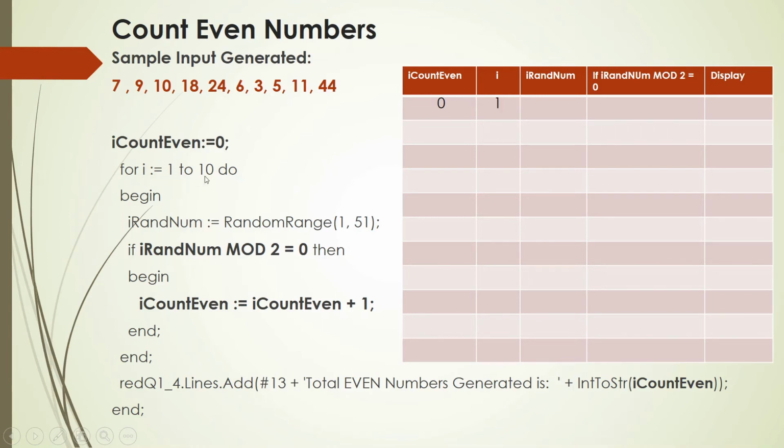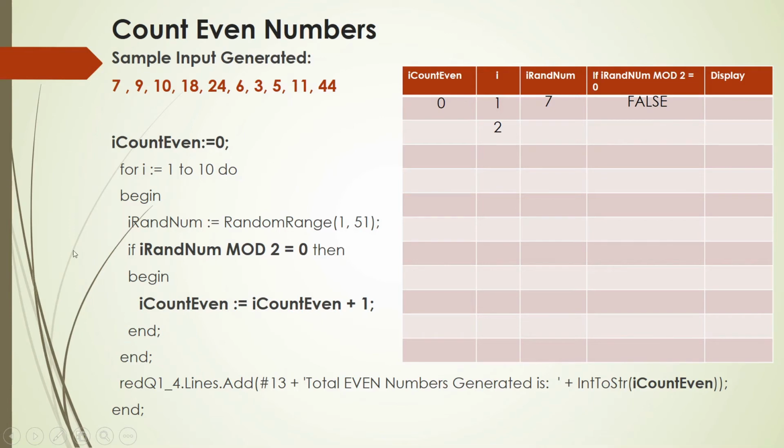I test my condition, that's true. I generate the first random number, which is 7. I check if 7 mod 2 equals 0, false. If the condition evaluates to false, I do not execute statements in the if. My loop counter now increments by 1.